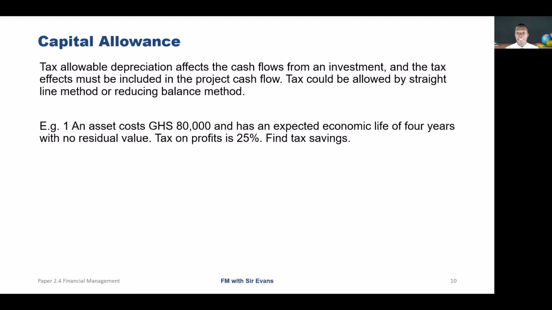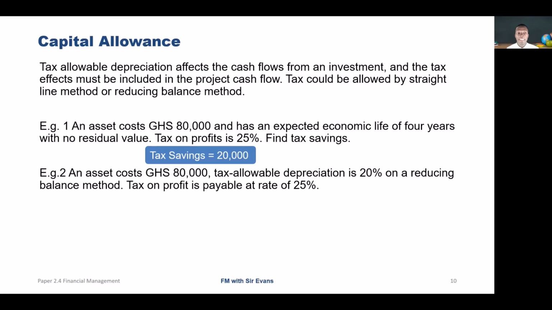When we find the tax of 25% on that particular depreciation, 5,000 becomes a tax saving for each and every year. So for the 4 years, we are going to have 20,000 as our tax saving.